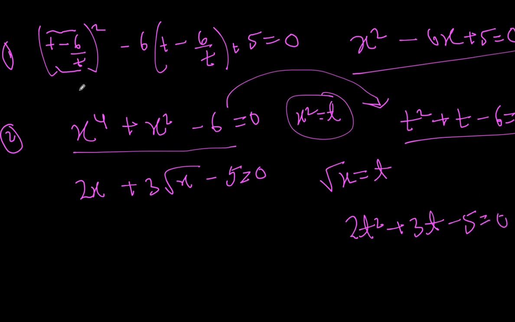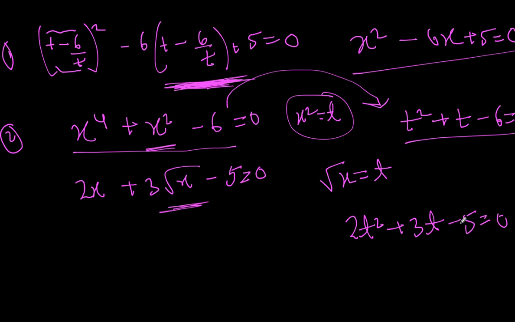So this was the substitution method, and the trick was: whatever is given in the middle, the variable one, assume it as t or u or x. Here I have assumed x, here I have assumed x square as t, and here I have assumed under root x as t, and then we form the quadratic equation.